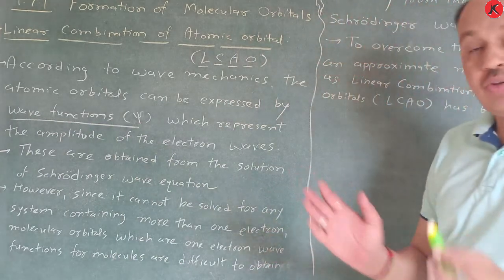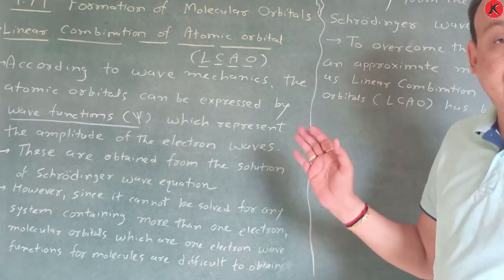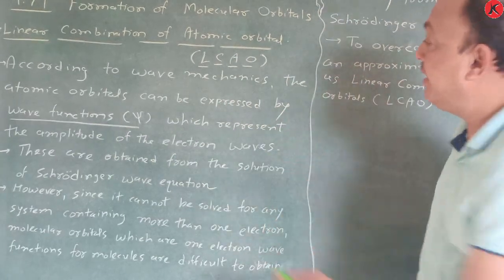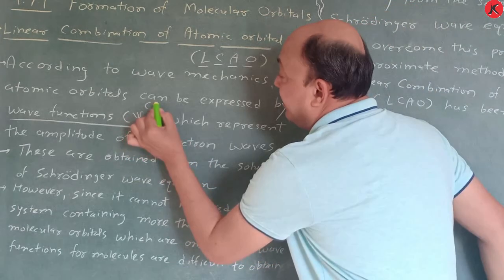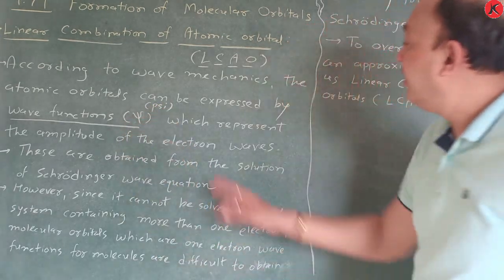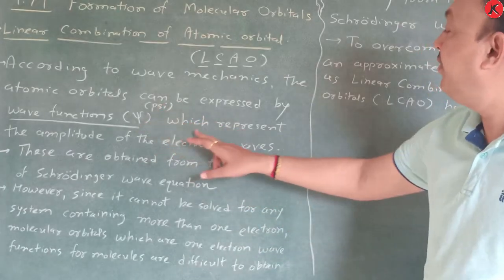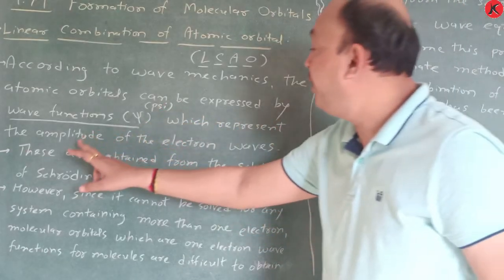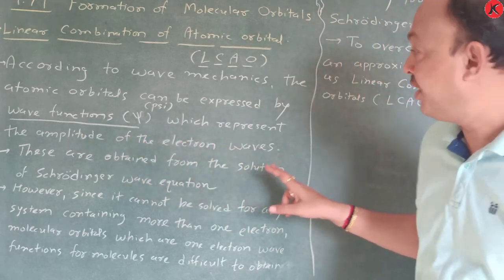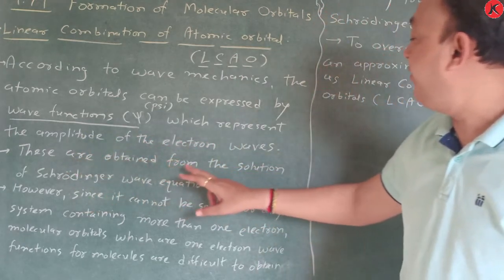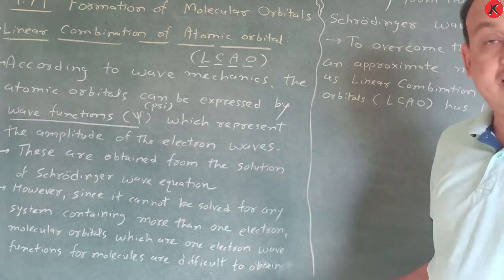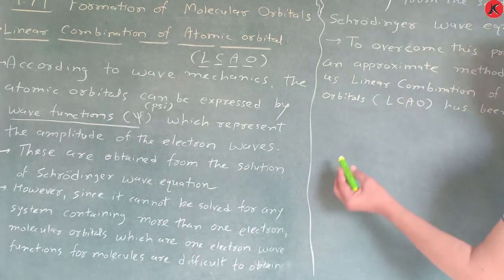Remember, atomic orbitals can be expressed by wave function psi, which represents the amplitude of the electron waves. This is a very easy topic, just understand from this one.